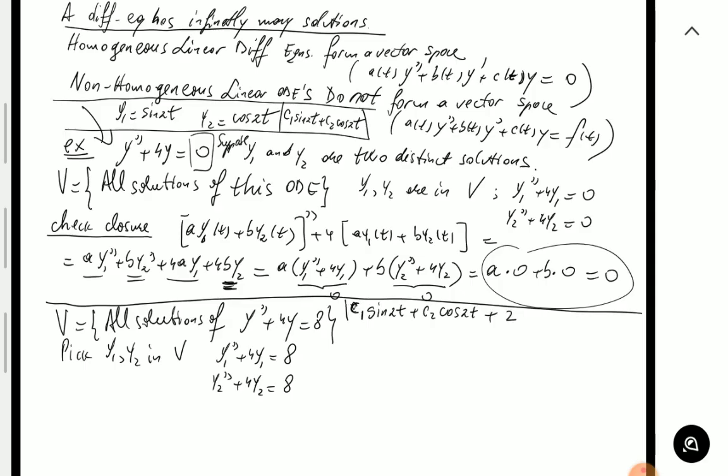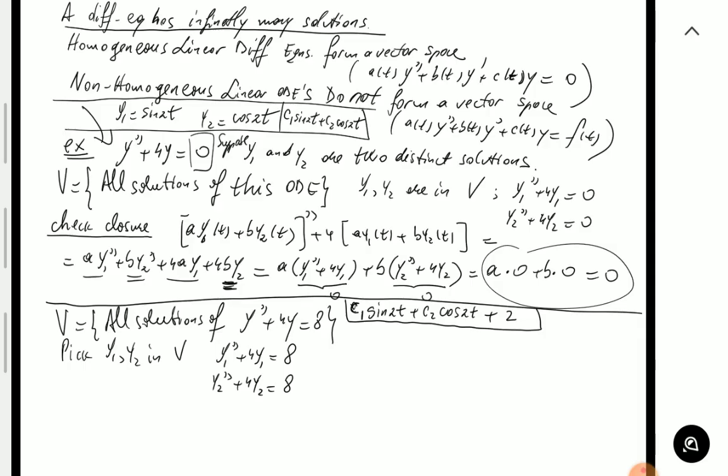You're going to learn something related to the particular solution and so on. All right, so let's pick two solutions of this equation. Each solution is obtained by some values of those constants c1 and c2, which are arbitrary constants.